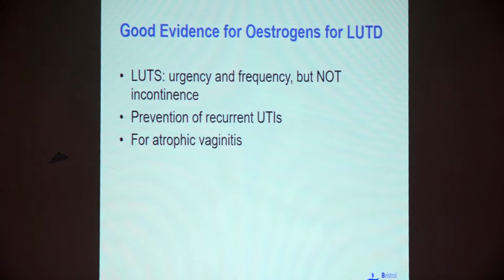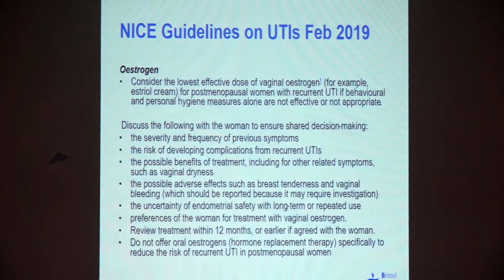But we prescribe topical estrogens and we reassure the patients these are extremely safe. So topical estrogens can reduce most of the OAB, but they don't affect incontinence, either urgency incontinence or stress incontinence. There's good evidence for preventing recurrent infection and, of course, for treating atrophic vaginitis.